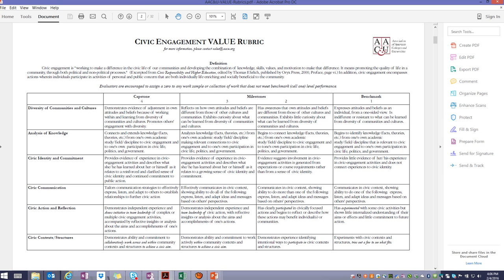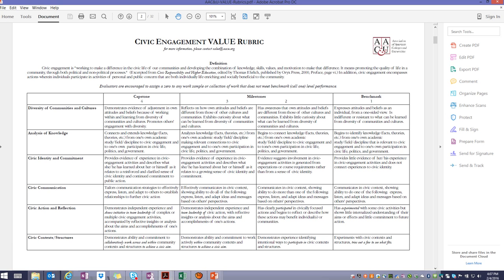So right now, we're just going to focus on our three proficiencies. So there's the criterion. And now notice, remember Bloom's taxonomy had 6. They're down to 4. Because, think about it, this is university, we're going to lop off the bottom part. So the benchmark level, now let's just look across diversity of communities and culture.